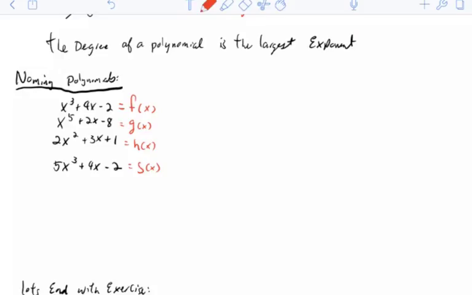So the tradition here, it's a shorthand actually, and a pretty useful tool, is to write the name of the polynomial as a letter, and then a set of parentheses, and between them there's a symbol, and that symbol is the name of the variable.